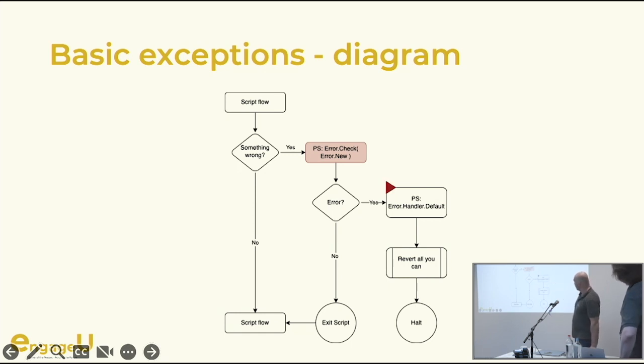If there is an error, indeed there is, we call the default error handler, we revert all we can, and we halt. So the user is almost always, and the developer as well, in the situation they were in where the script started, right? In fact, users should never encounter this. These are things we need to find and discover before we go to production.